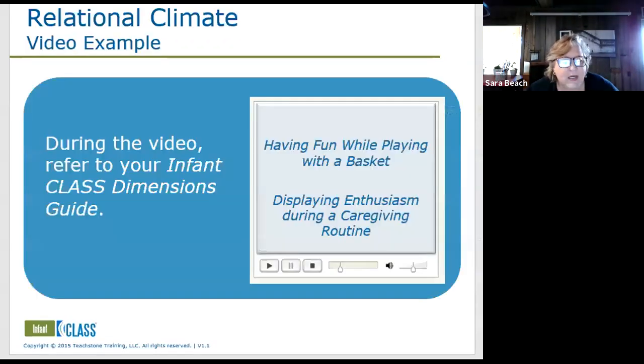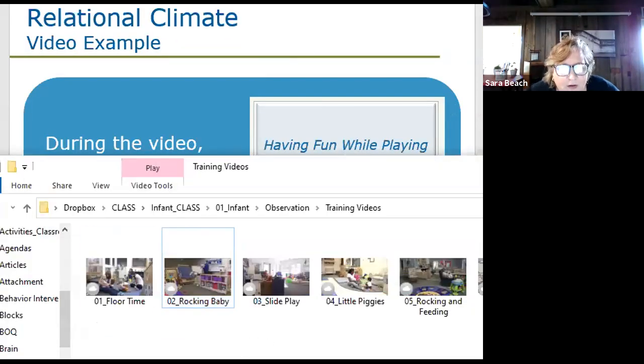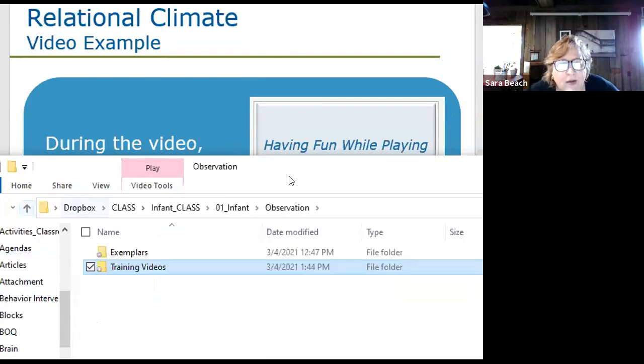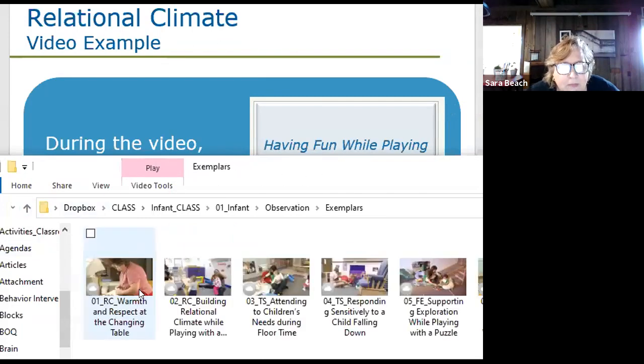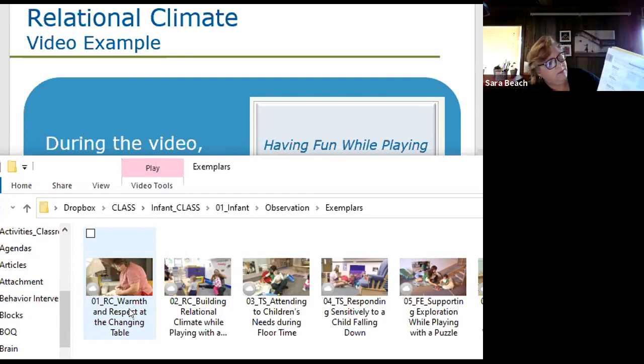So let me give you a video example of a good relational climate. This first one is called Warmth and Respect. If you look at your actual manual, there's a page that lays out all the relational climate indicators.